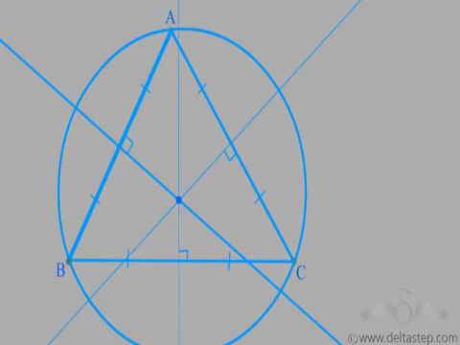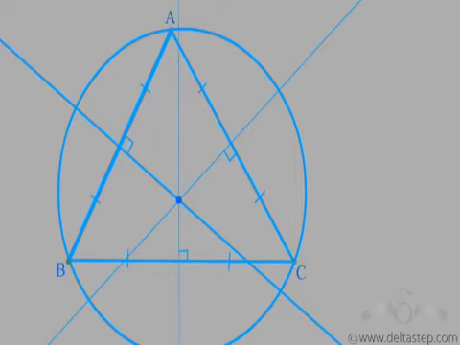Circumcenter is actually the center of a circle which is around this triangle. So it is the center of a circumcircle. So you can see that for any triangle, you can get the circumcenter by drawing perpendicular bisectors and finding the point where they intersect. And with this point as the center, you can make a circle around the triangle also.